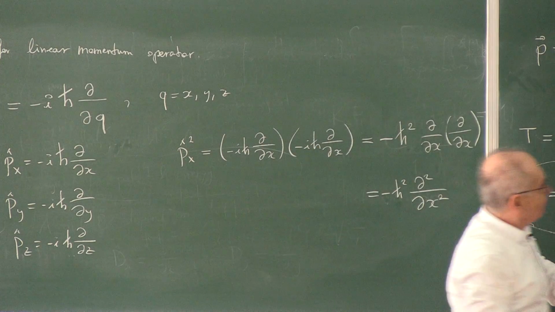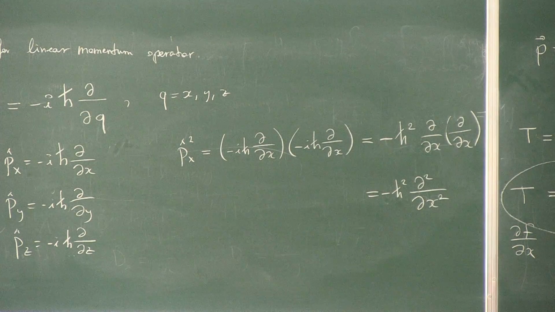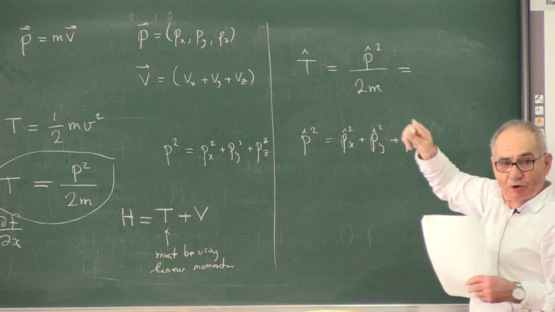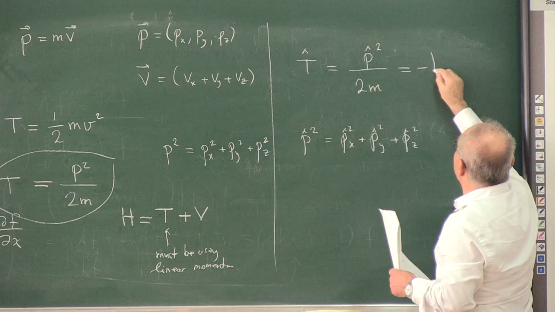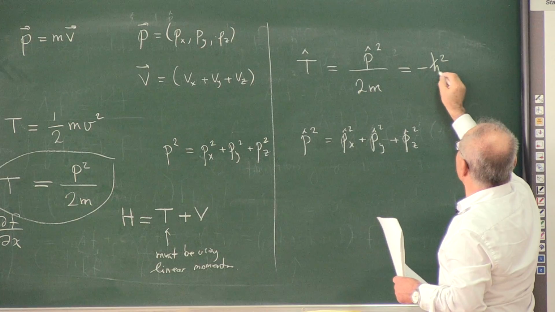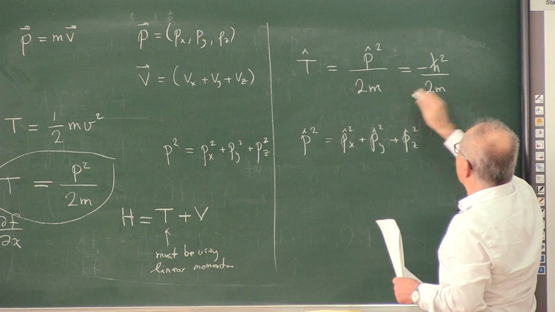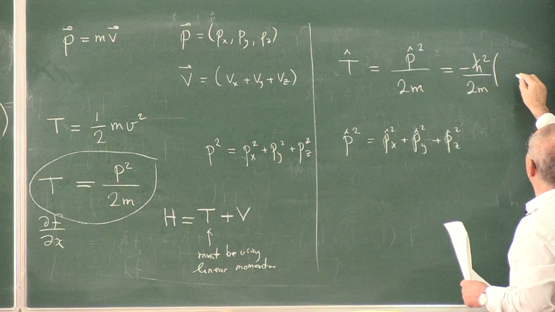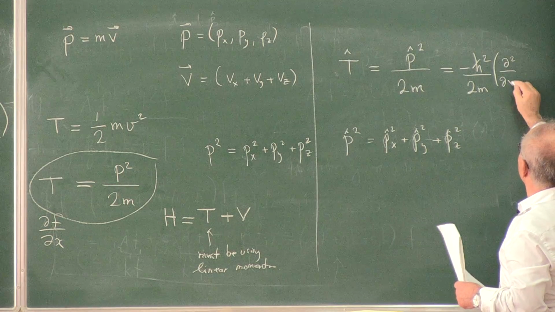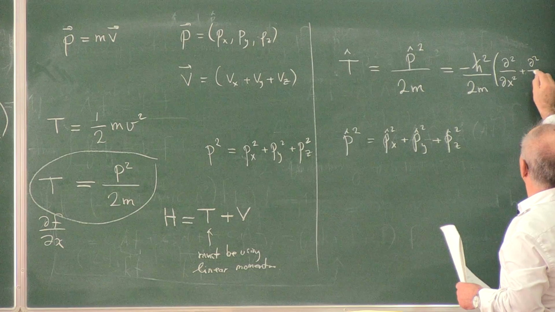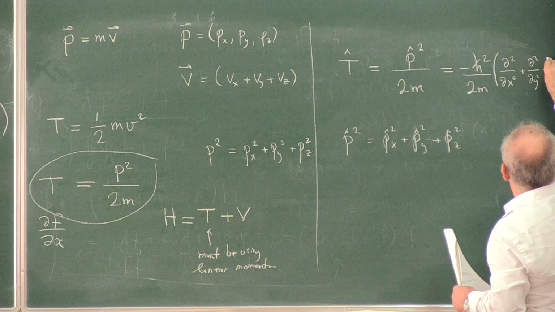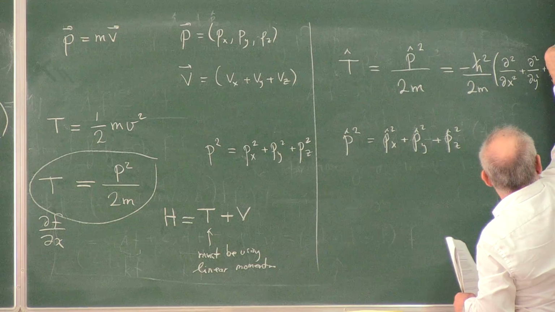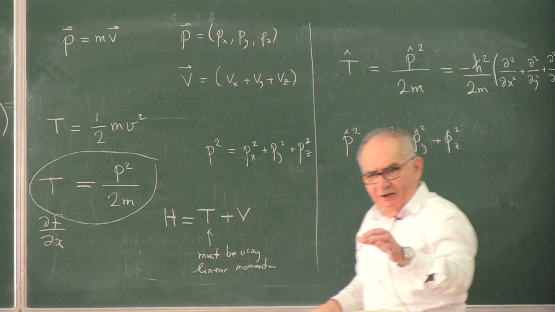Similarly for py, similarly for pz, which means the explicit expression for the kinetic energy operator of a single particle is minus h bar square divided by 2 times m. These are constants. And then we have a sum of partial derivatives.